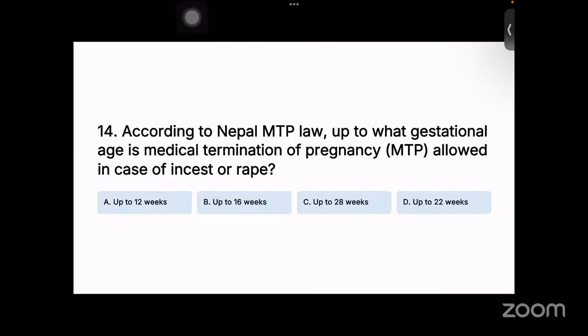According to the Nepal MTP guidelines, the gestational limit for a general request is up to 12 weeks, and up to 18 weeks for incest or rape.